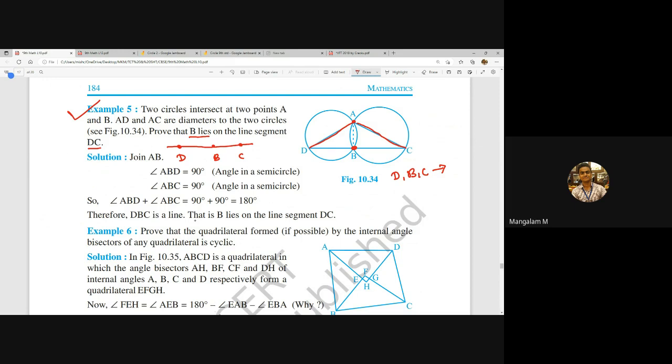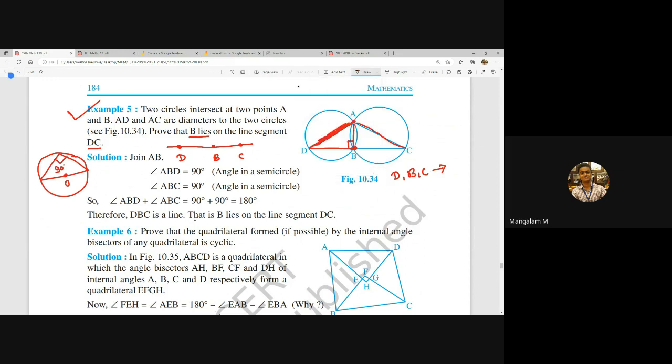We have discussed a theorem that the angle made from the diameter on the circle is 90 degrees. This is the diameter, so the angle formed on the circumference from the diameter is equal to 90 degrees. AD is the diameter, and this is the angle formed on the circle, so it will be 90 degrees.